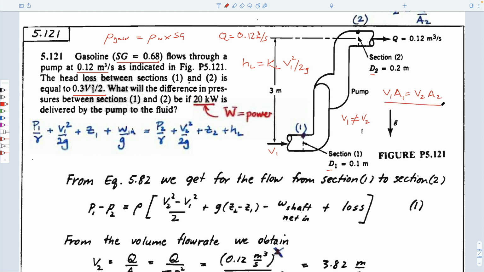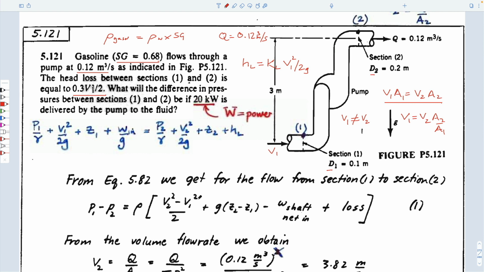Continuity, right? So we can always get velocity 1 equal to velocity 2 times the ratio of those two areas, to link them together. So when we write Bernoulli, this gets rid of one of the velocity terms. It looks like we have two unknowns, but they're linked, so we can link them together.